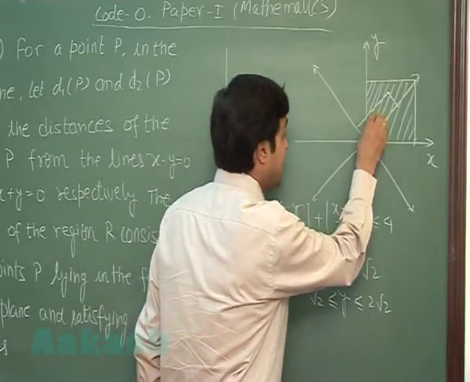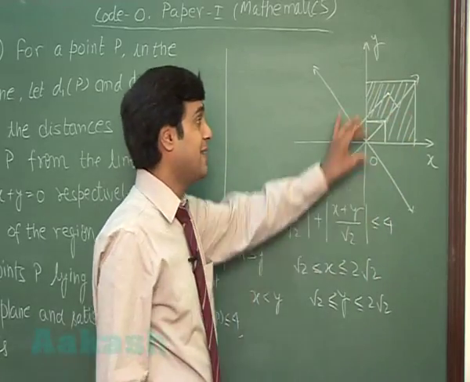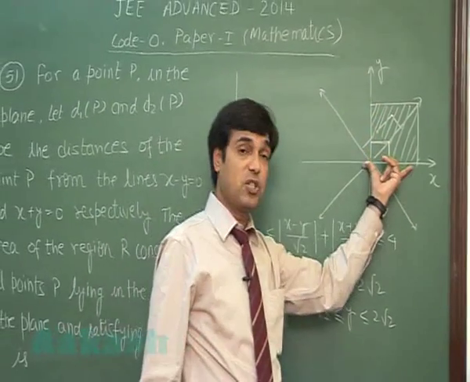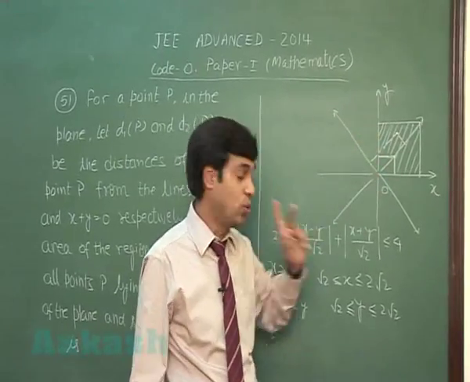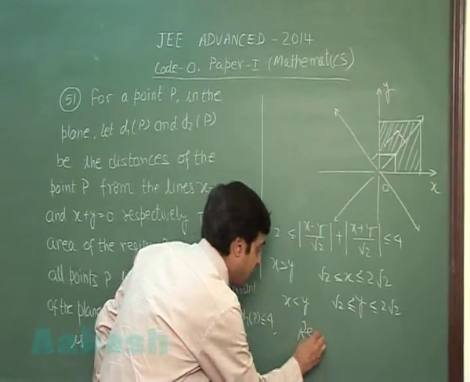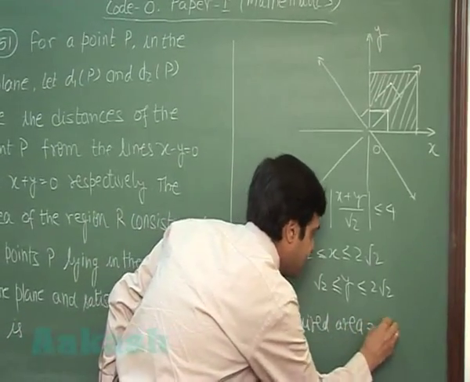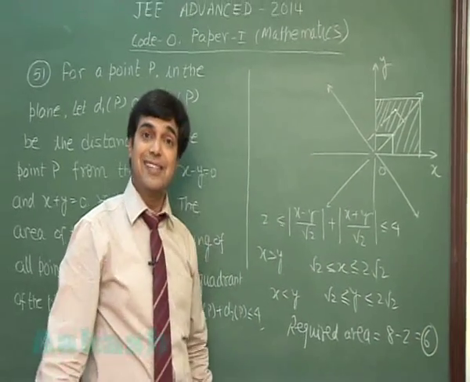So we simply require the area as the area of the bigger square minus area of the smaller square. The area of the bigger square becomes 2 root 2 square, that is 8, of the smaller square, that is root 2 square, means 2. So required area equals 6. So the required answer is 6.